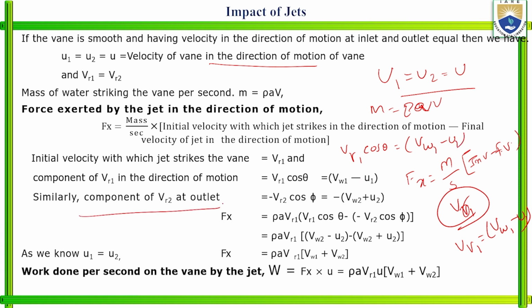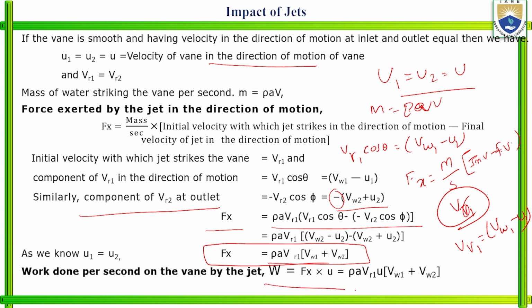It is understandable in this diagram clearly. Similarly, the component at outlet, VR2 cos phi, is equal to minus VW2 plus U2, because this negative sign indicates the opposite directions at inlet and outlet of the impact of the jet. So finally, this is Fx, the force exerted by the jet in the direction of the motion.